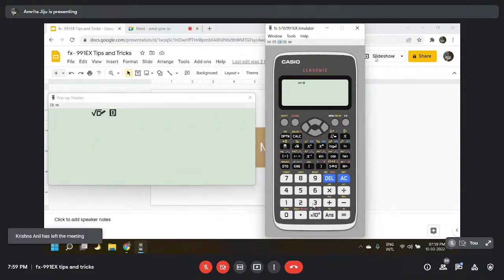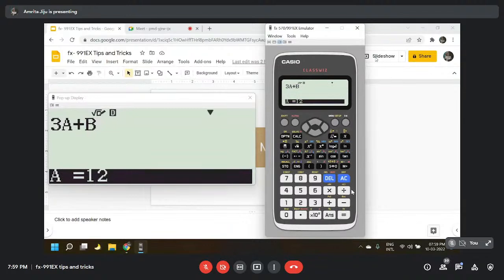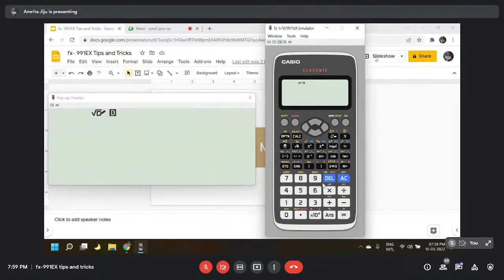First type 3, then go to alpha, A plus B, alpha B. Oh, I just misplaced it. 3A plus B.